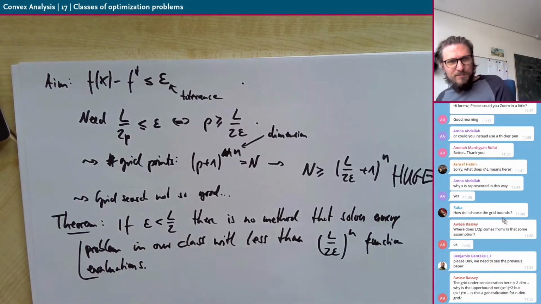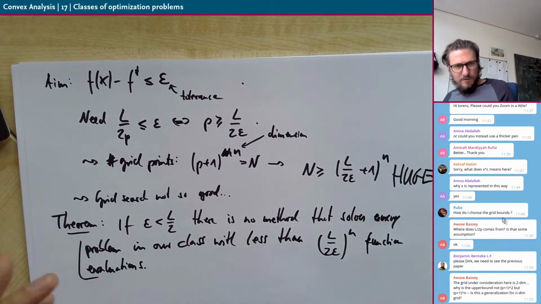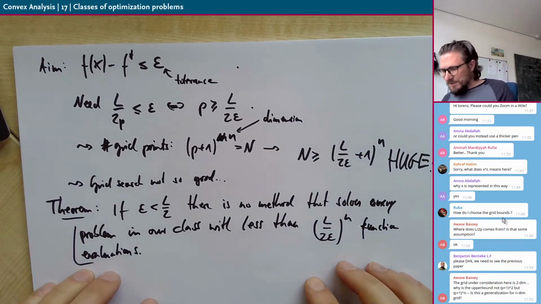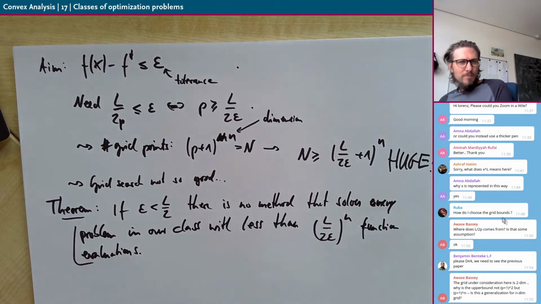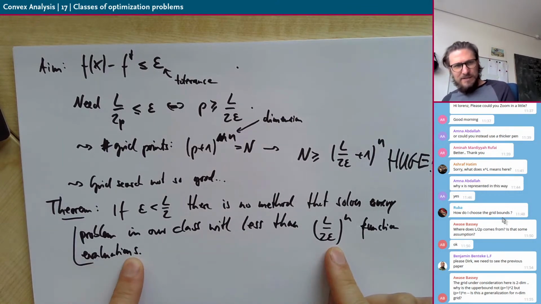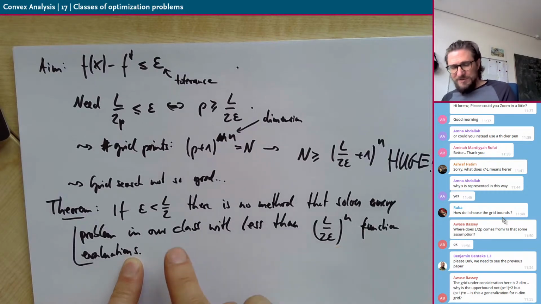From this statement, it's probably not the exact numbers here that are important, but it says that no matter how you cook up a method, there will always be one problem where you need at least this many iterations or function evaluations to get a solution which is this good.